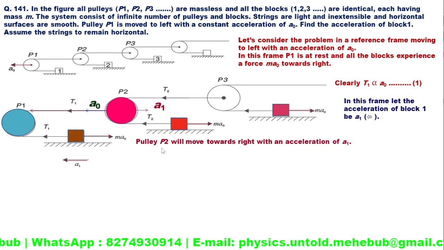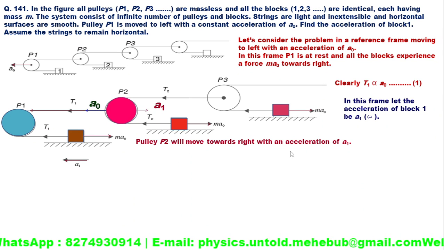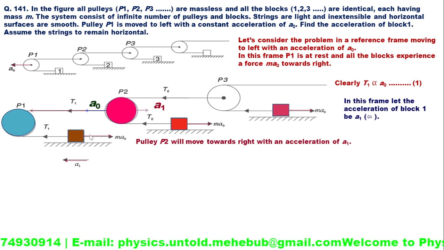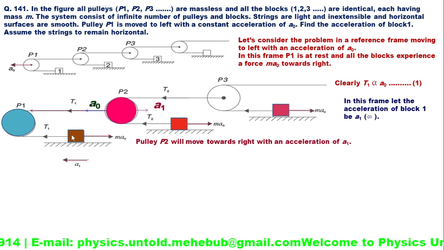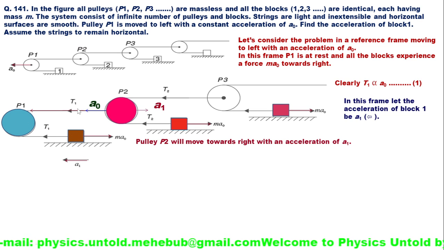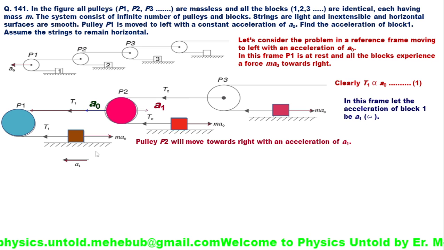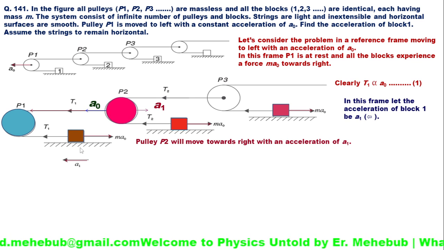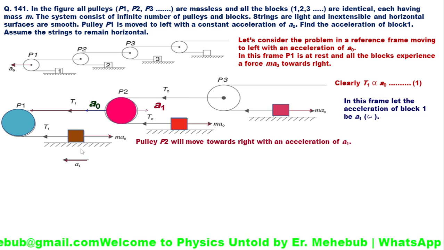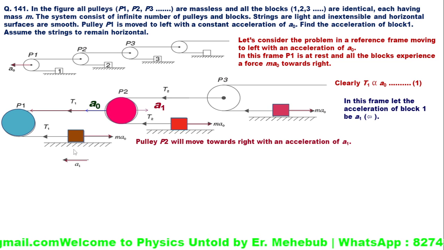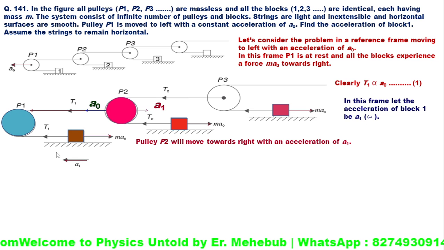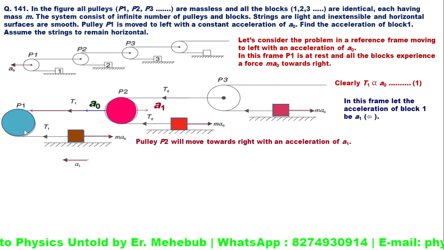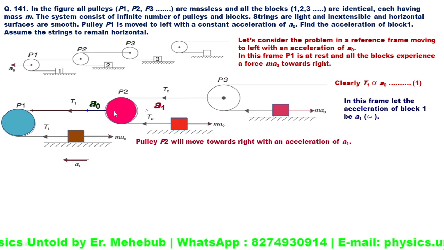Now pulley P2 will move towards the right with an acceleration a1, because the block 1 is directly connected with P2, and the block is moving with an acceleration a1 in the leftward direction, and the string which passes over pulley P1 is directly joined with the pulley P2.